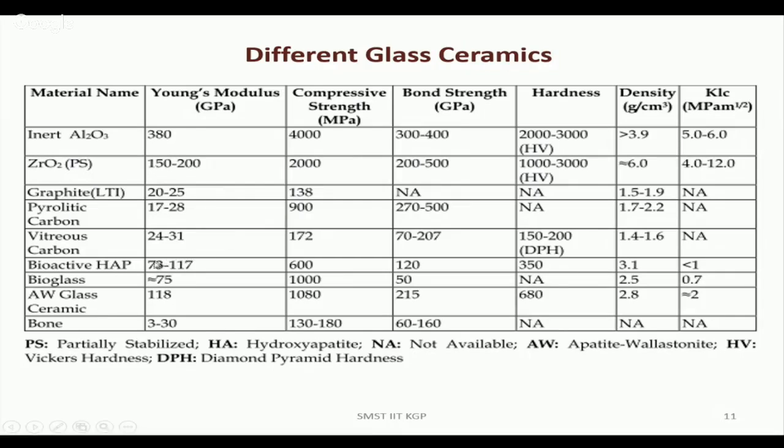Bioactive glass or bioactive hydroxyapatite has even lower Young's modulus and compressive strength. And if you see, bone has much lower Young's modulus and compressive strength. So when we use a material for replacing such native tissues, we are not able to match the modulus as well as the strength.